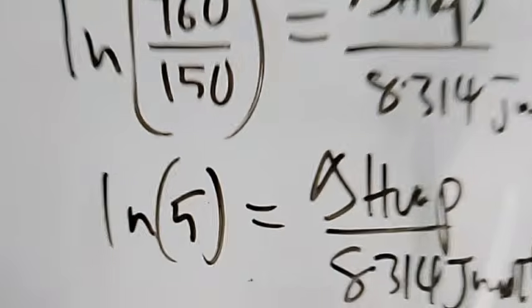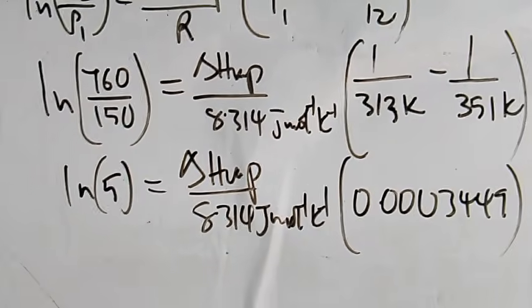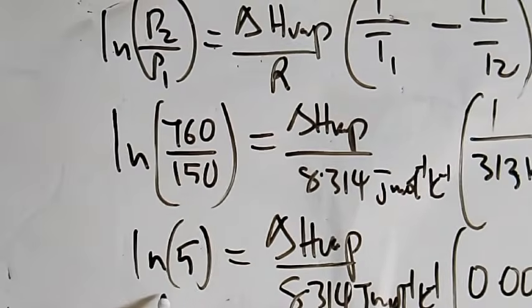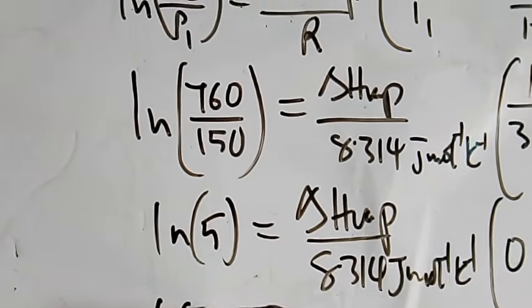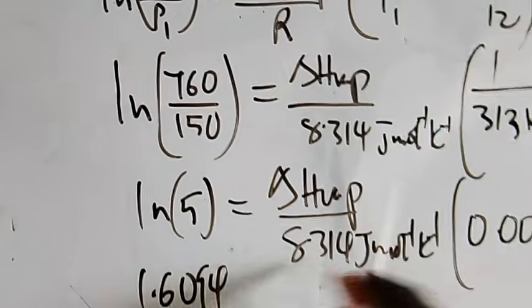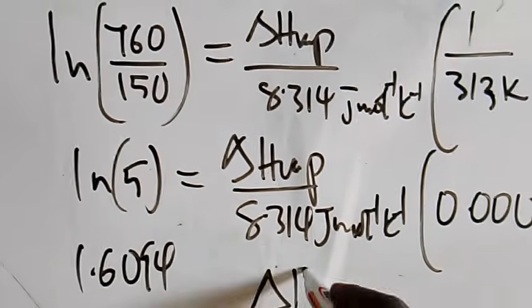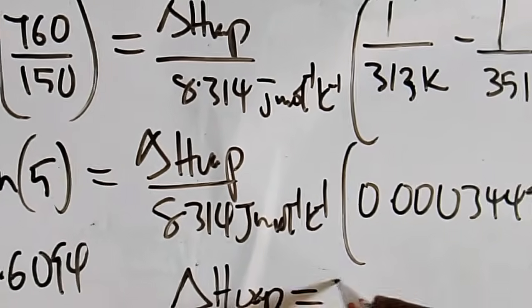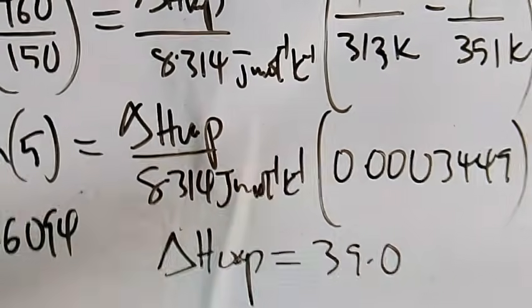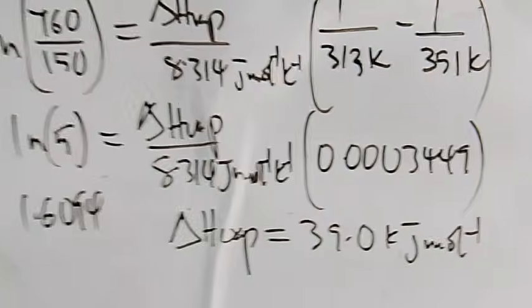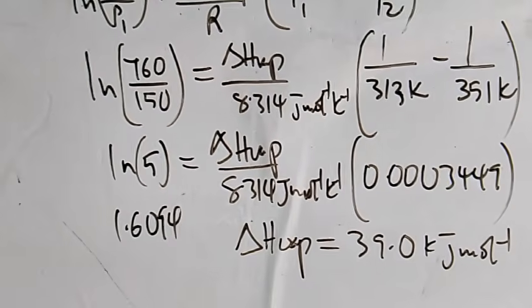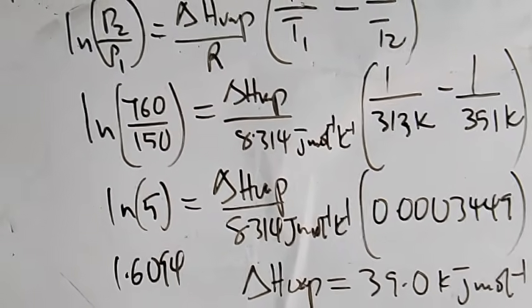Then you find ln 5, which gives us 1.6094, and you cross multiply. So your delta H is equal to 39 kilojoules per mole. That is how we can use this equation.